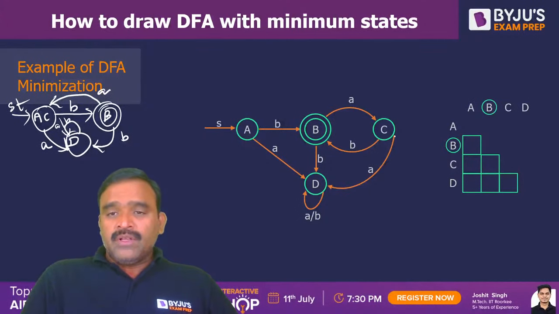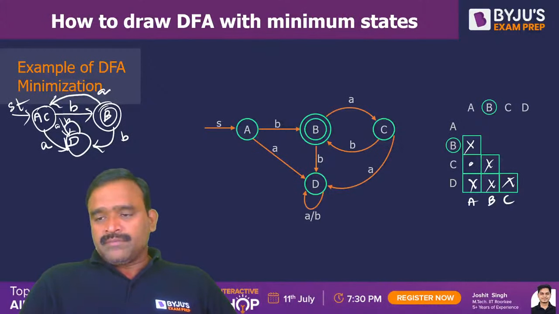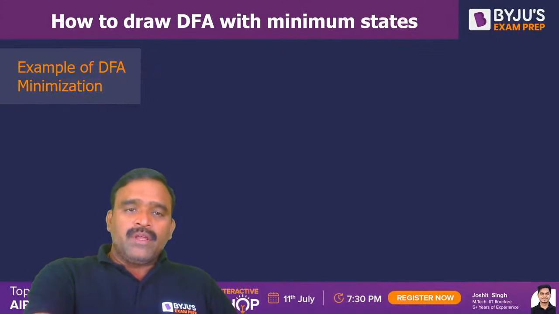Once again, BCD, it is ABC. AB is directly known to be distinguishable. BD and BC are not directly known to be distinguishable. AD pair, we have verified now. So these are marked, and this is unmarked. When it is unmarked, we can again apply the marking technique.